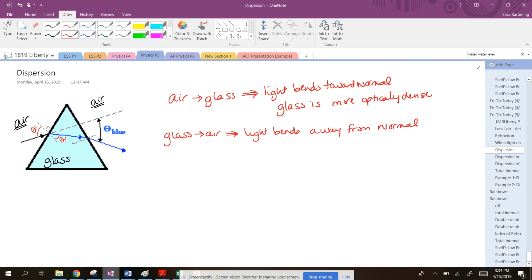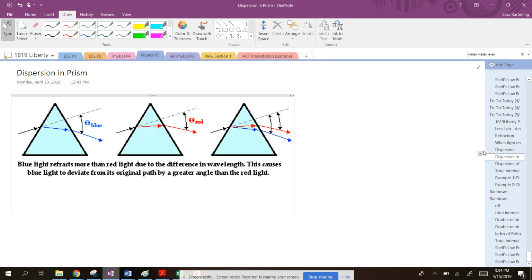Again, I pointed out this was blue light in this case. The fun and interesting thing is that when we look at different colors of light, they bend different amounts. I'm going to show you a picture here that's got not only blue light, but also red light. This first picture right here is the same as the picture that I had on the other page.